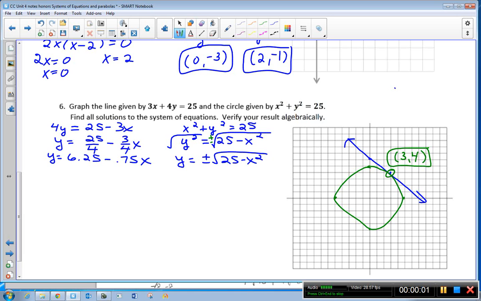Okay, we're going to finish up the problem that we started in class. All I have to do is solve it algebraically. I came up with y is equal to 25 over 4 minus 3/4 x, and I'm going to substitute that into x squared plus y squared equals 25.